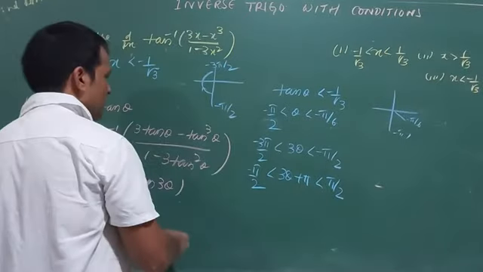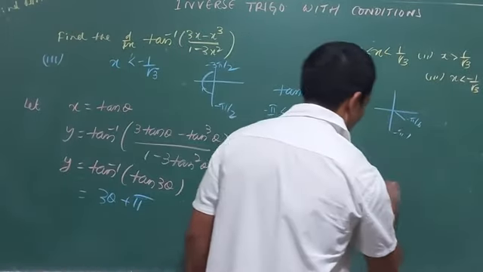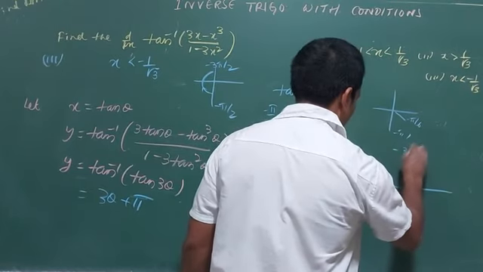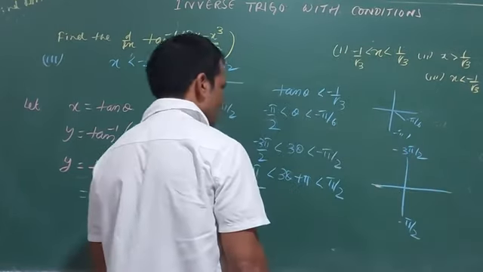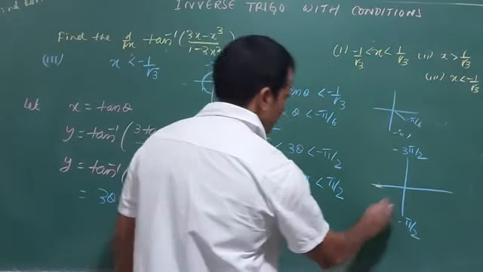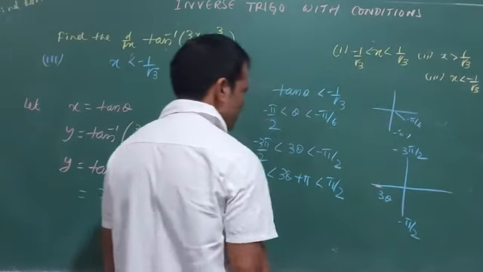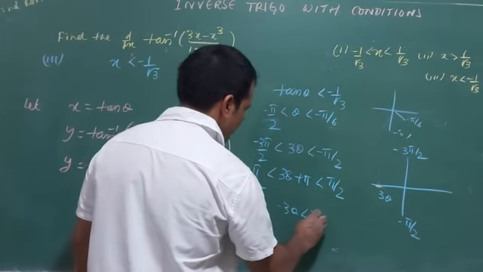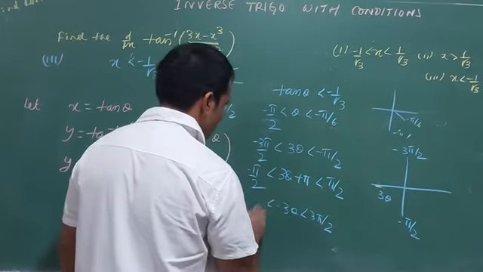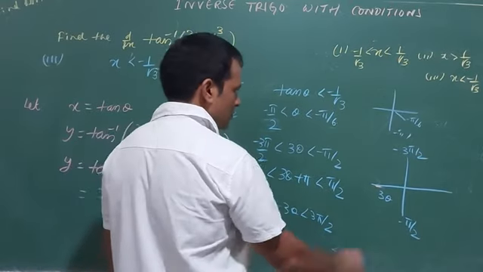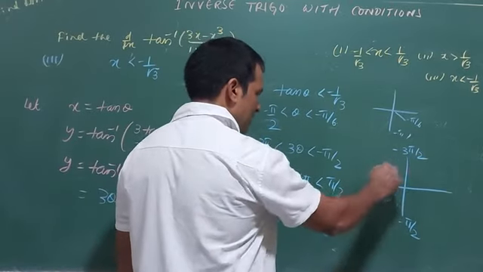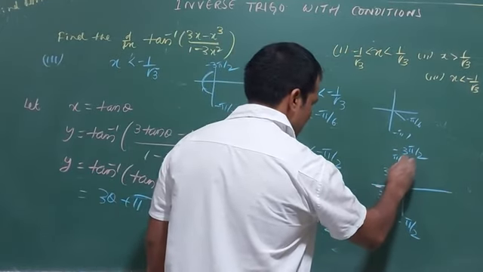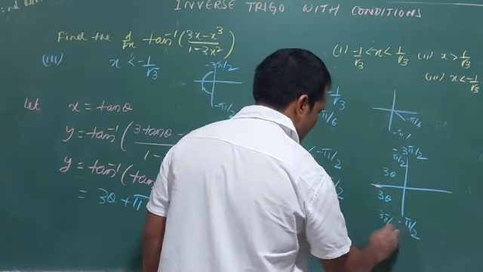Now, suppose I consider the value minus 3 pi by 2 to minus pi by 2. If I consider the value of 3 theta here, first of all you change this value to positive. So you make it minus 3 theta, between pi by 2 and 3 pi by 2. When I multiply by minus, 3 theta goes here, this becomes pi by 2 and this becomes 3 pi by 2.